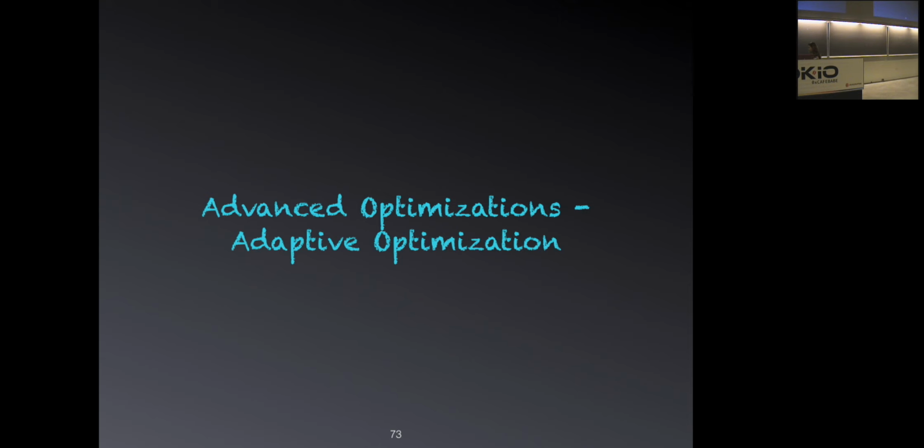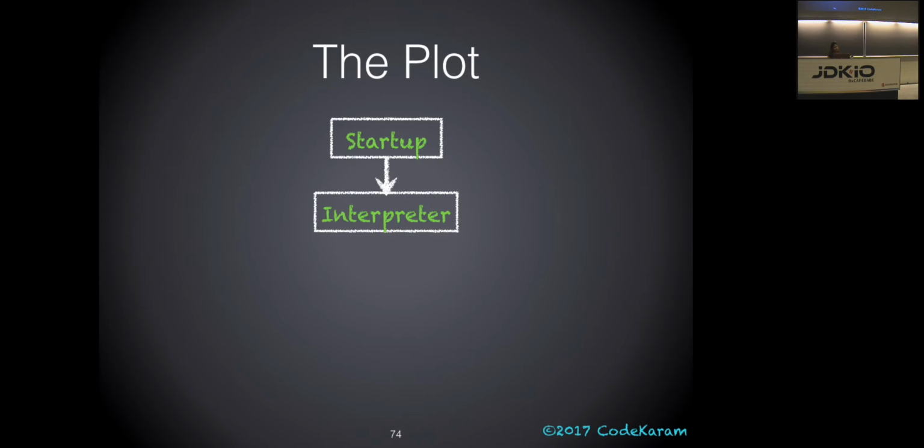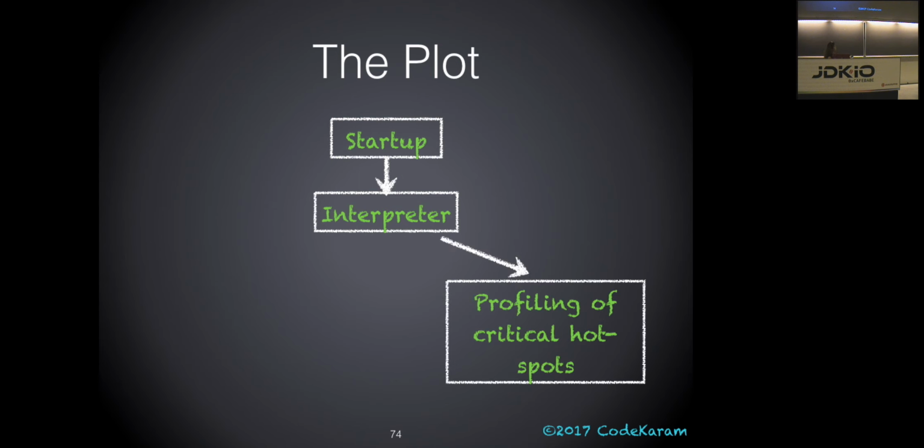What about the advanced? This is the backbone of HotSpot JIT: the adaptive optimization. The plot is very simple. You have startup, which you do in the interpreter, and then you have profiling information provided for these hot methods. Remember, you have these thresholds, and once these methods cross the threshold, you can start JITting them.